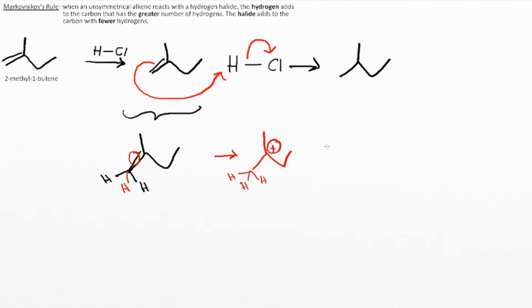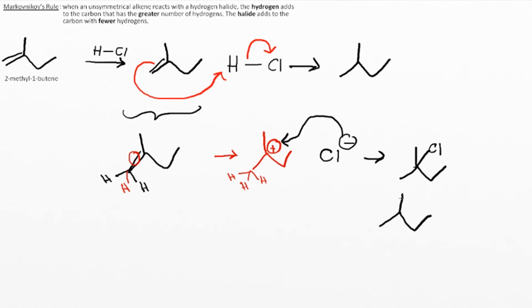Finally we have the chlorine anion, which comes in as a nucleophile attacking this carbon, and we get a final product that looks like this. It's probably easier to write it like this visually because it looks neater.